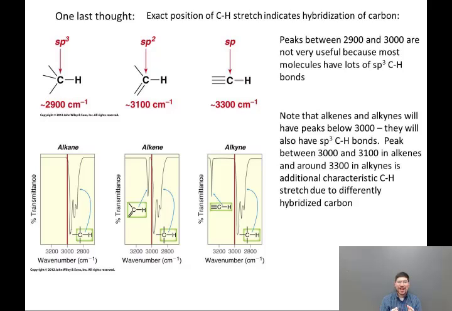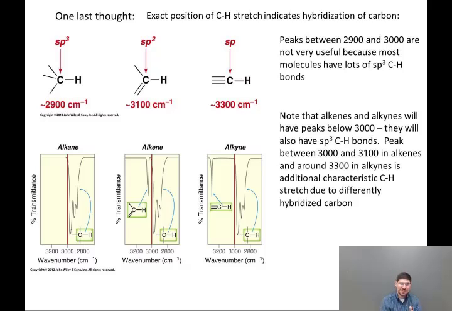The CH stretch to an sp2 hybridized carbon typically occurs around 3000 to 3100, so definitely to the left of 3000. And as we already looked at, the stretch between a hydrogen and an sp hybridized carbon occurs at 3300. So that's actually far away from the sp3s and the sp2s.